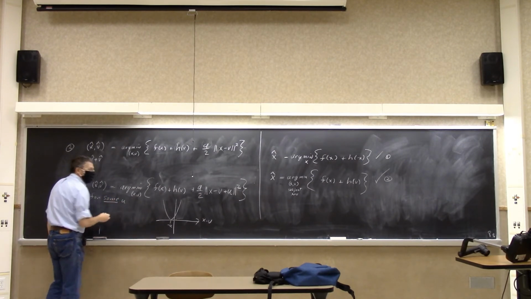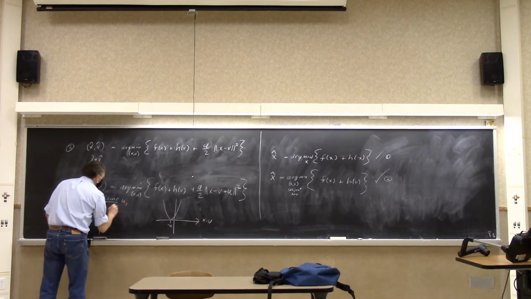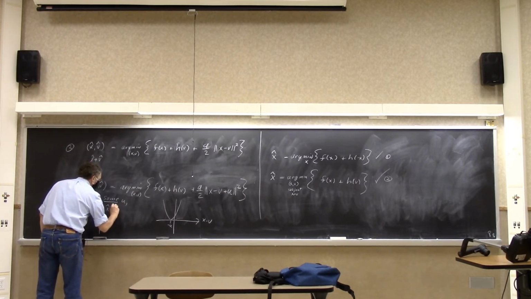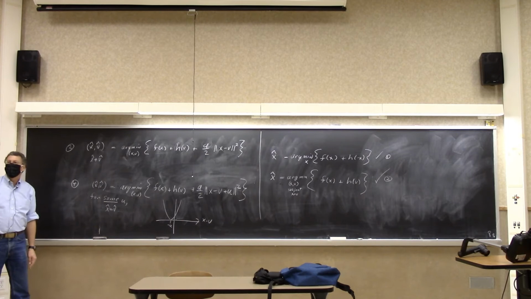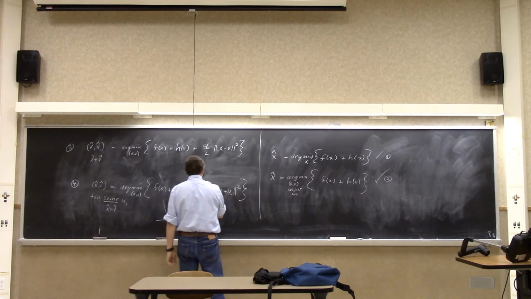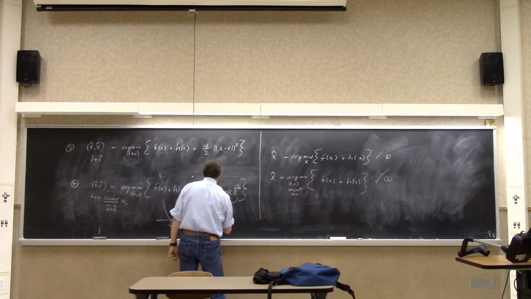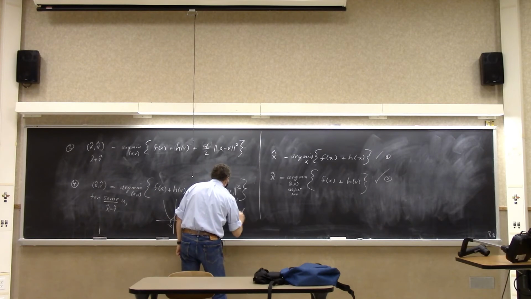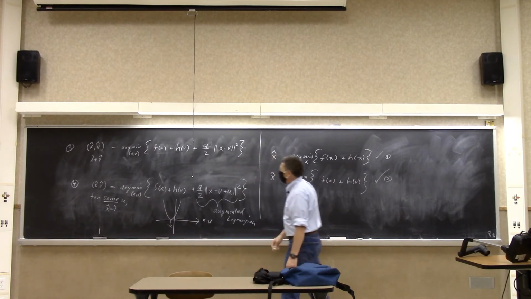We don't know what u, but for some u, x hat will equal v hat, right? This is called the Augmented Lagrangian.